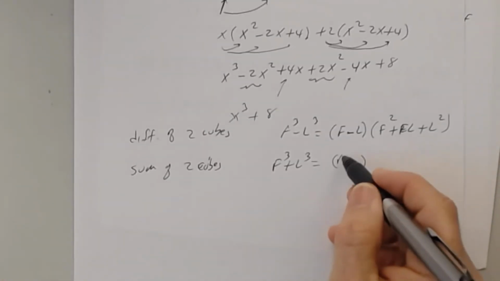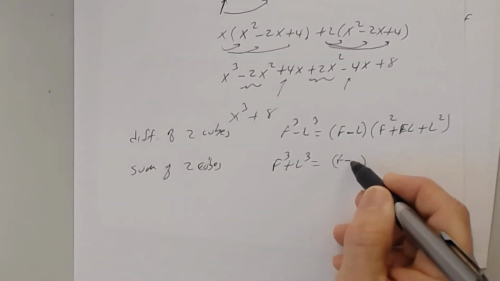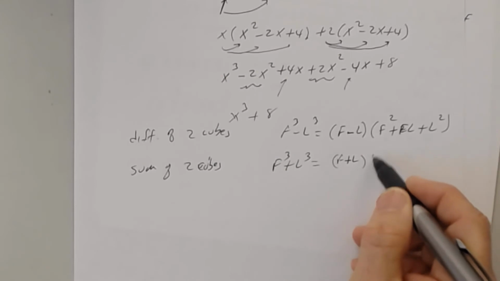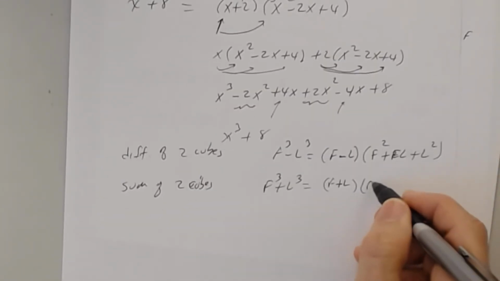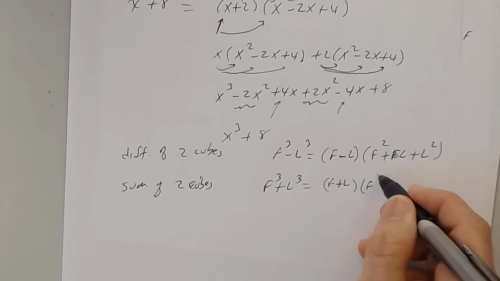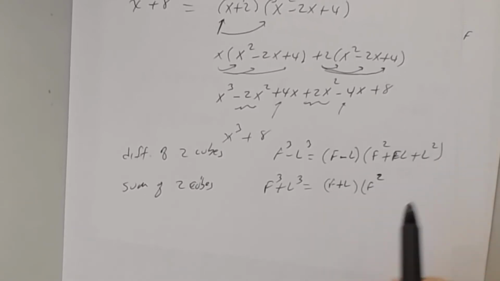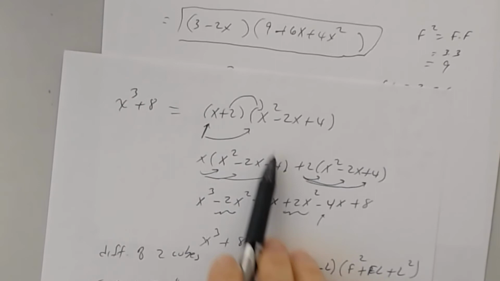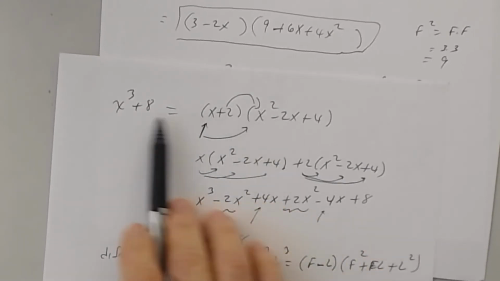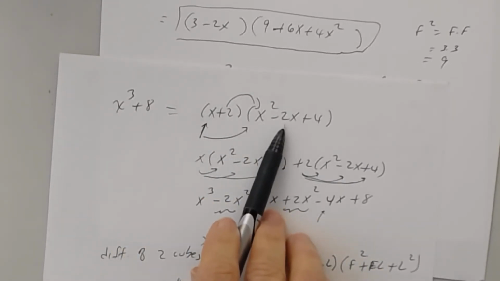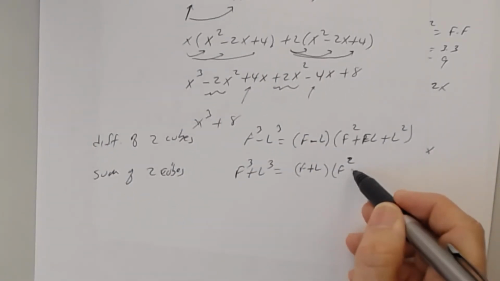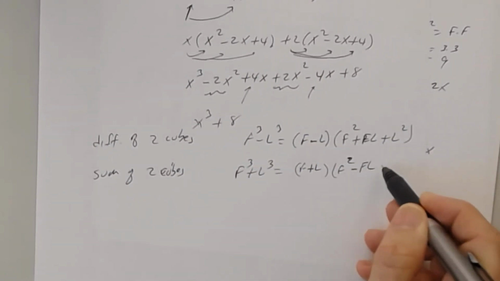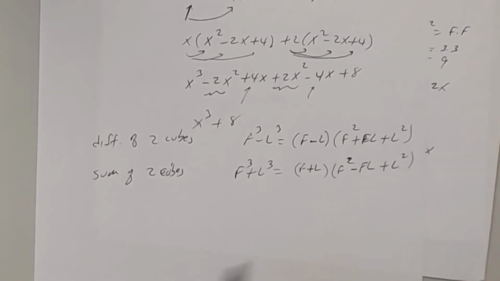So this is going to be f plus L. Then this is f squared. Notice that my middle term this time, when I dealt with the sum of two cubes, was negative. So minus fL, and then always plus L squared. So that's the formula for the sum of two cubes.